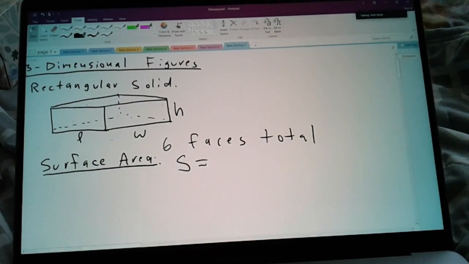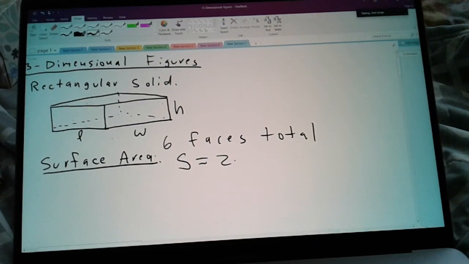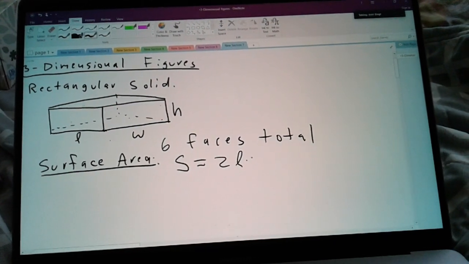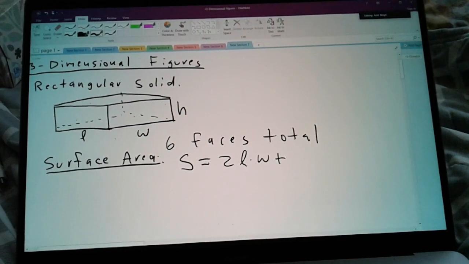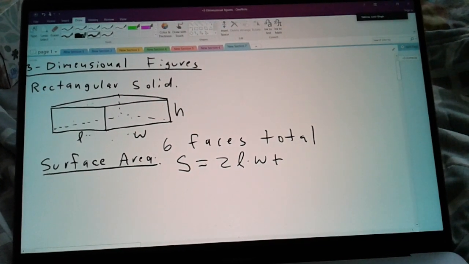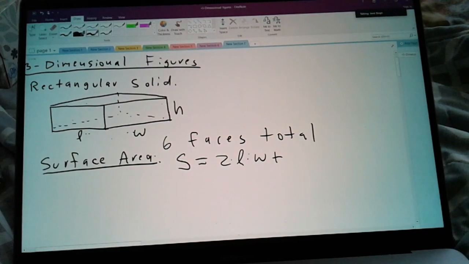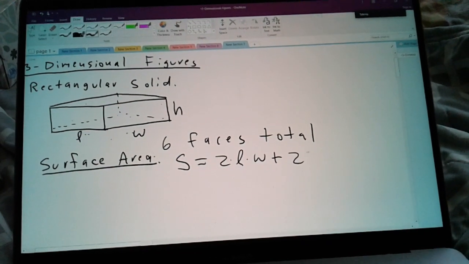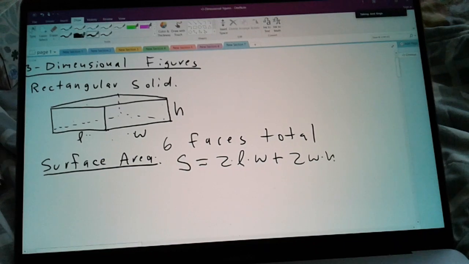For this one, it's going to be twice the length times the width. If I do the length times the width, that's the same on the top and bottom, so I also have the same thing on top. That's why we're multiplying that by 2. Plus twice the width times the height.